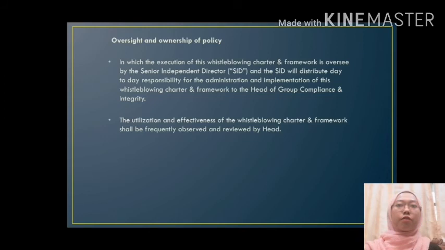Next is the whistleblowing framework. Under the whistleblowing framework, there are several steps or procedures to follow. One of the steps is logging the report of wrongdoing.